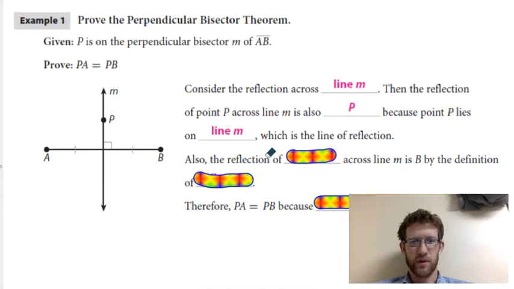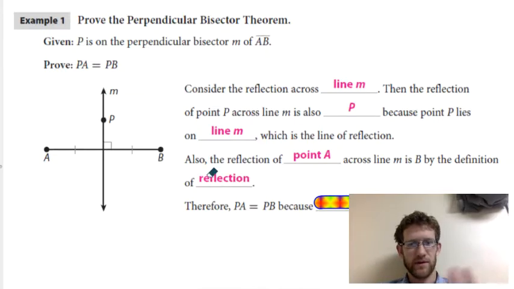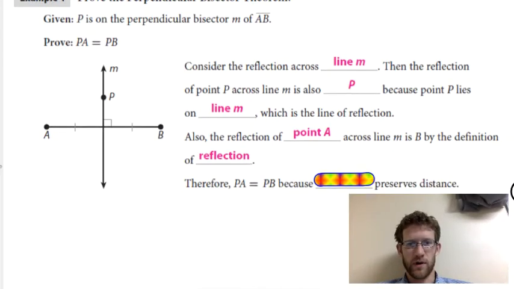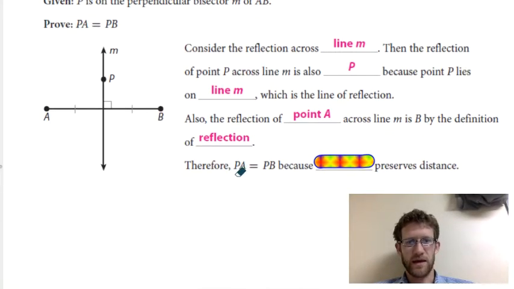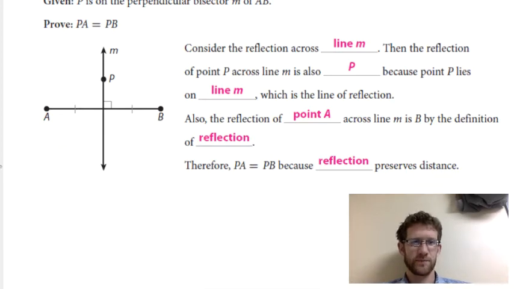Well, that's point A. We can reflect across line M. That's just a reflection, right? Therefore, we can say that PA is equal to PB because what preserves distance? Well, a reflection, right? It's a rigid motion. It preserves distance. So distance is preserved. That's pretty much all we need to say there.